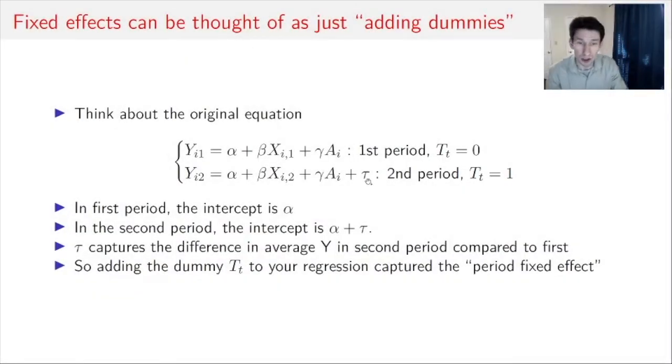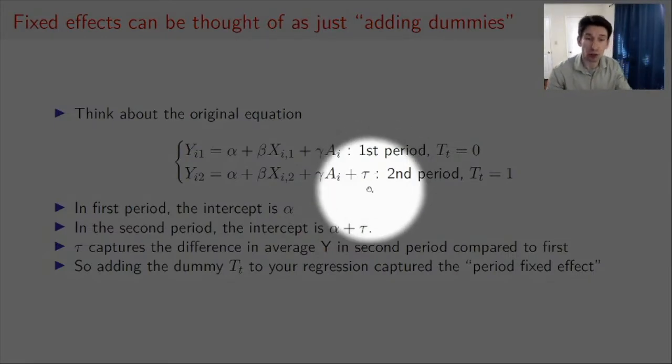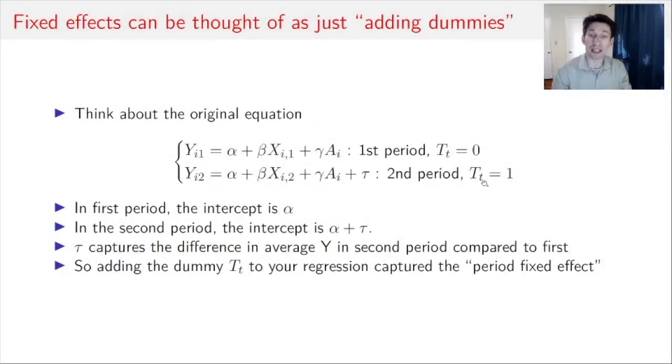The difference between these two was this tau term right here, which only appears in the second period when t equals 1. So in the first period, the intercept is just alpha, and in the second period, the intercept is alpha plus tau. And tau captures the difference in the average y in the second period compared to the first period.